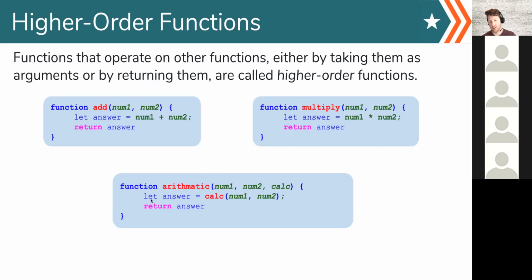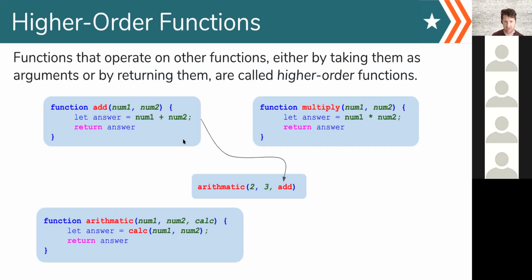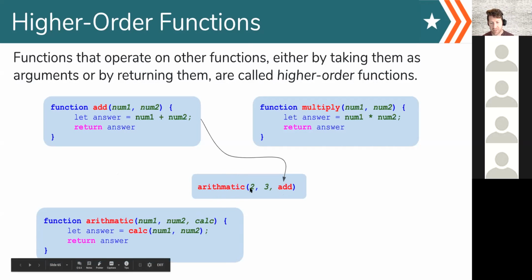So arithmetic takes in two numbers as well as a function as its argument, and then it calls that function by passing in those two numbers, assigns it to that answer, and then returns that answer. So, for example, down here we're passing in the number 2, the number 3, as well as this entire function as an argument.